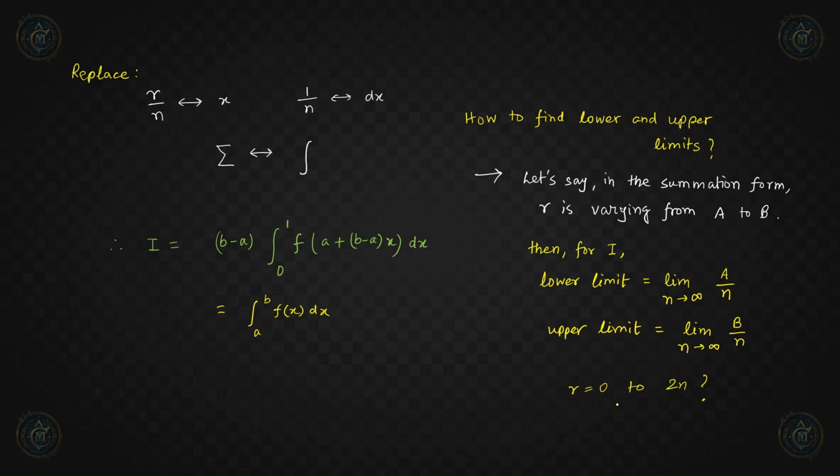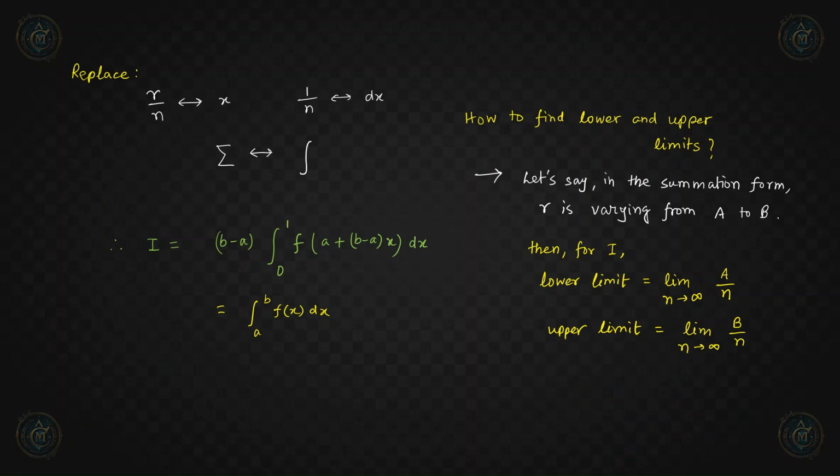The lower limit is the limit of 0 divided by n, which is 0. The upper limit is the limit of 2n divided by n, which as n tends to infinity is simply 2. So we have to integrate from 0 to 2.